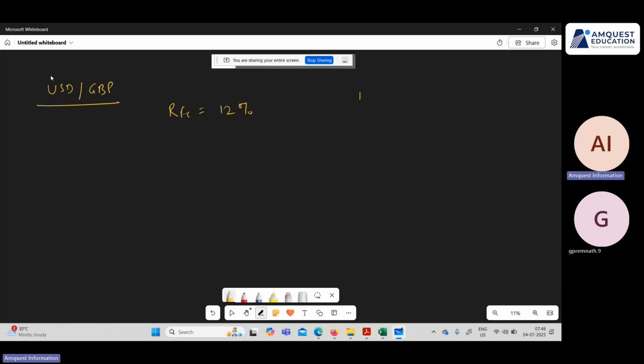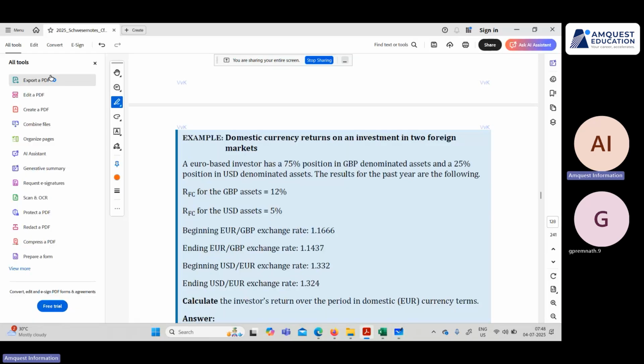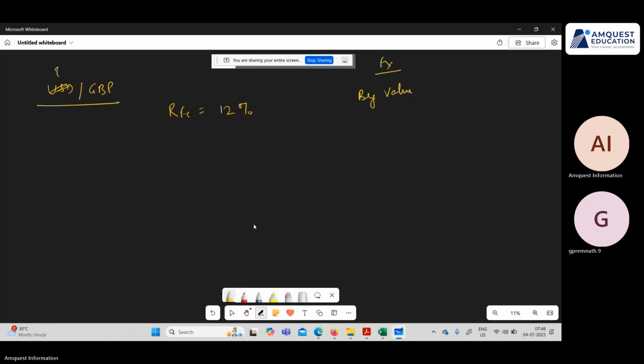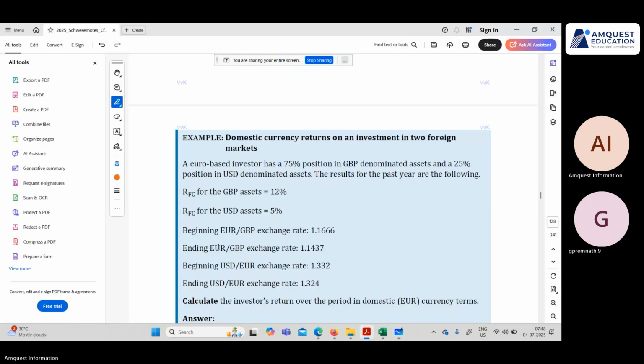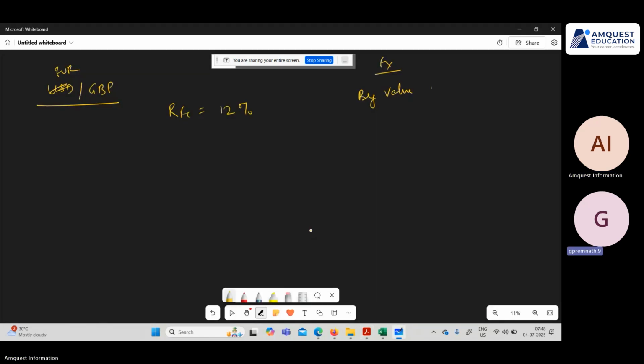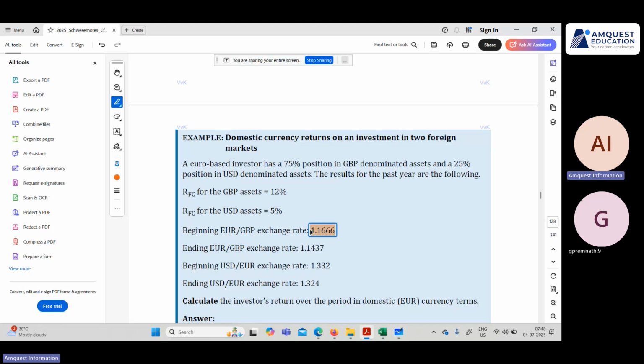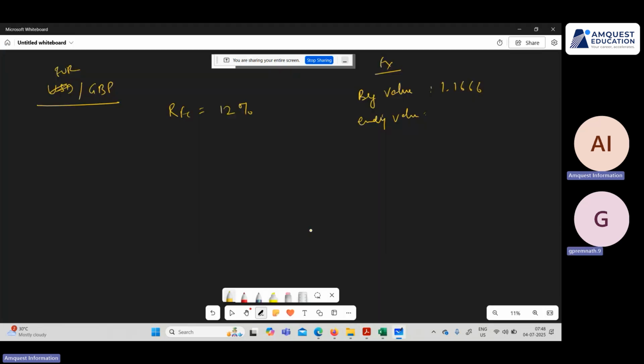Can I say that my beginning value, when I'm trying to calculate FX, is not USD, it's Euro by GBP, 1.1666, and the ending value is 1.1437, right?